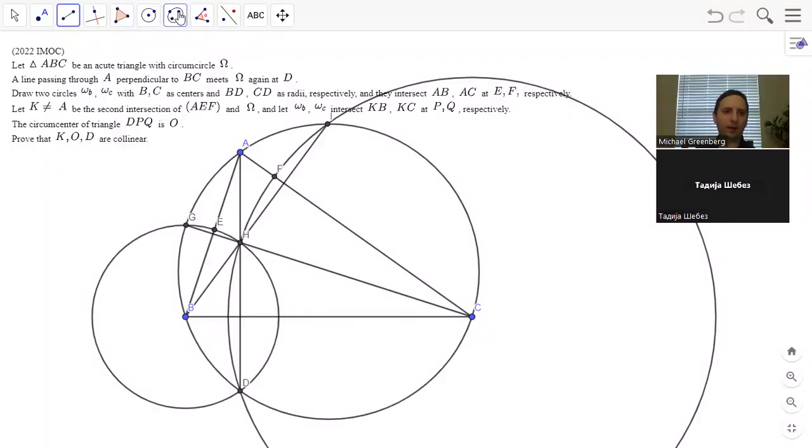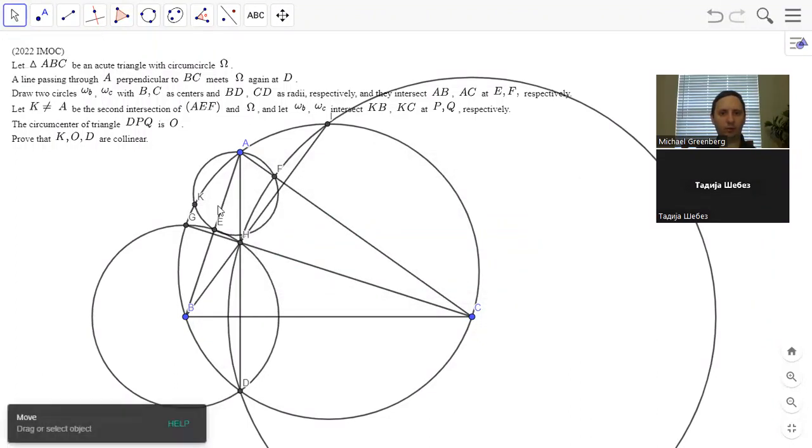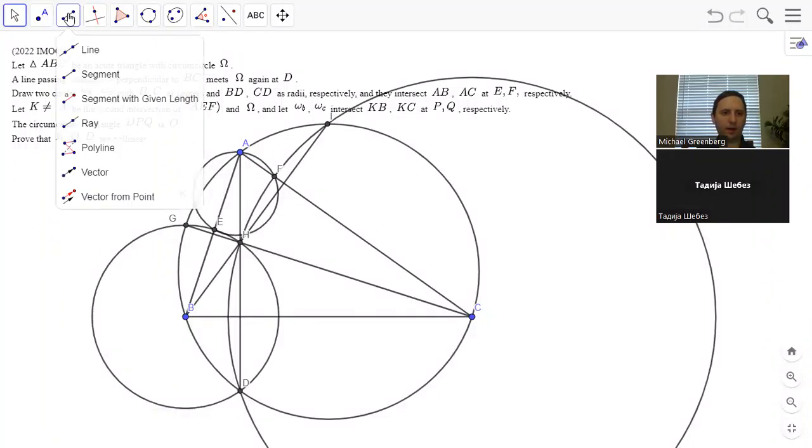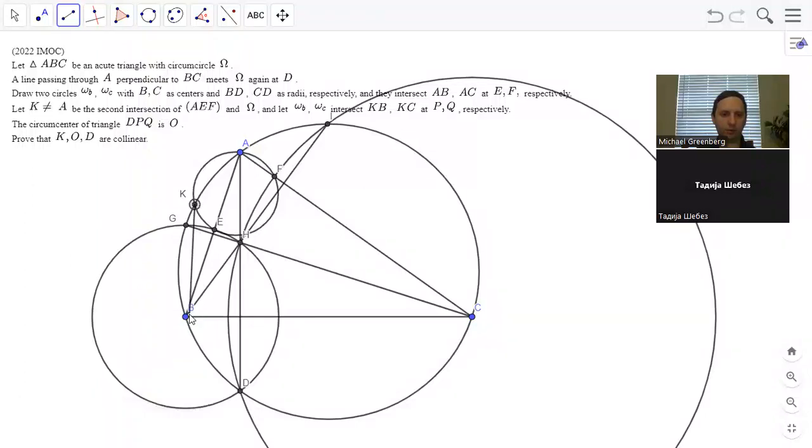So let K be the second intersection of AEF and gamma. So that's AEF. So that's not a circle we see very often. So that's K. And let those two circles intersect KB and KC at P and Q. Oops. So interesting.